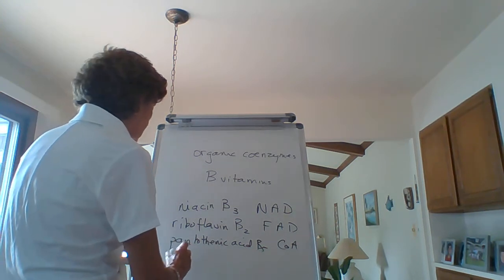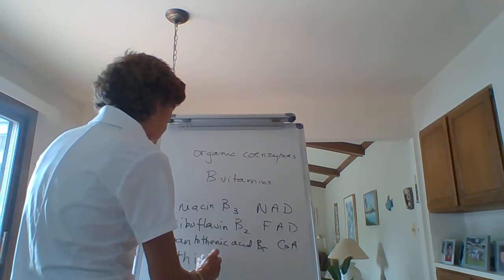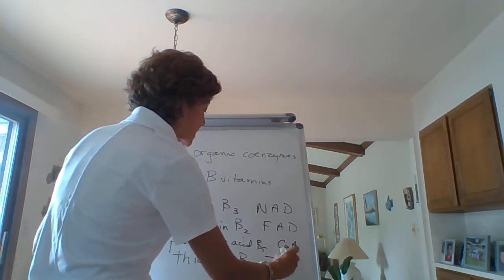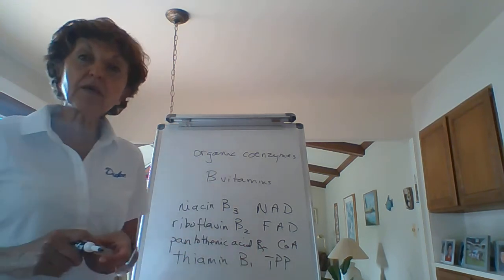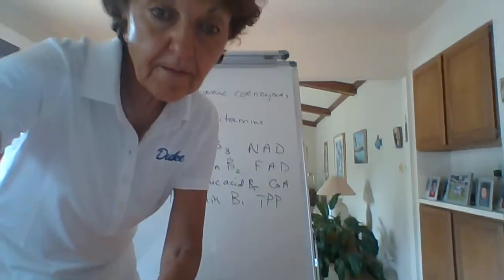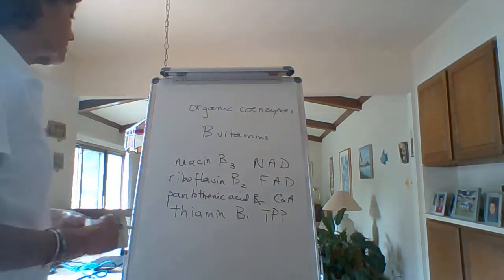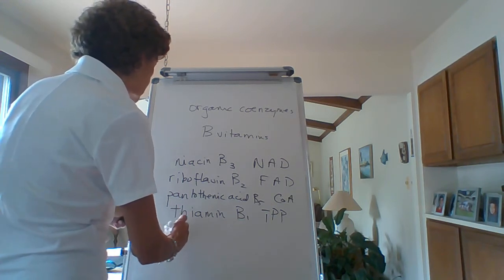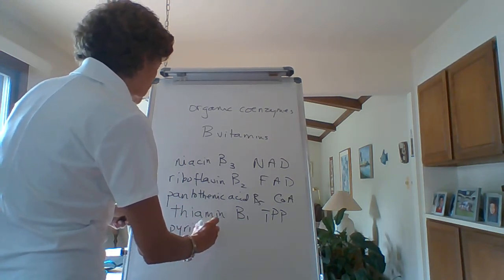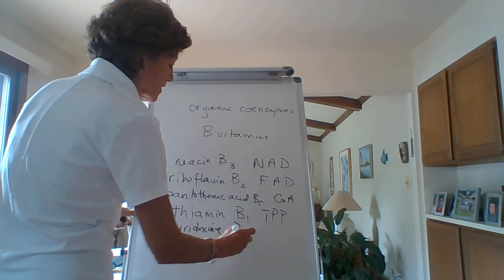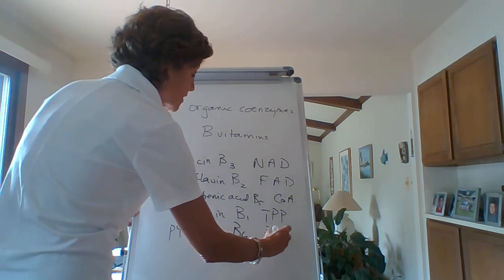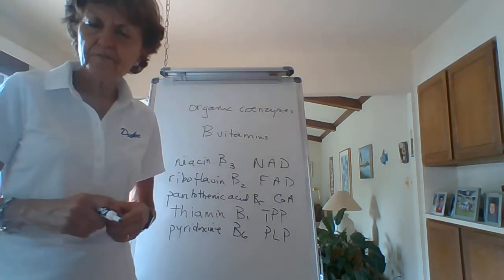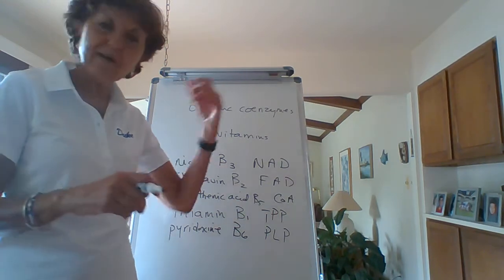There is thiamine, which is vitamin B1. That is important in creating the coenzyme TPP, which is thiamine pyrophosphate. What else? Oh, there's pyridoxine or pyridoxal, which is B6. It is important in making a coenzyme called pyridoxal phosphate, anyway, PLP.